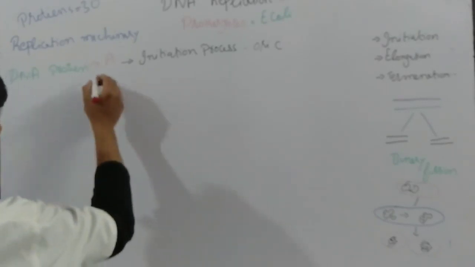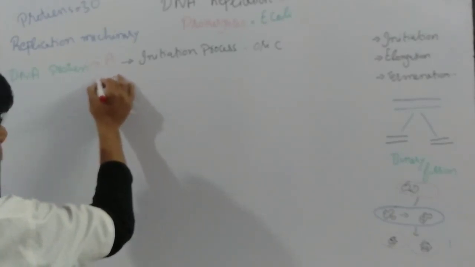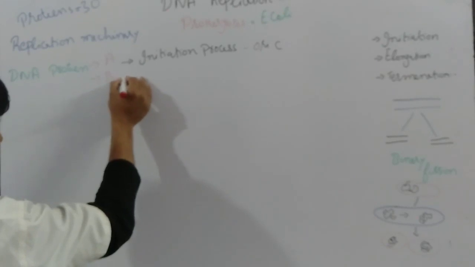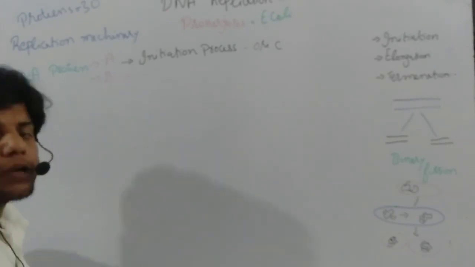Then we have another DNA protein we call DnaB protein. This DnaB protein is involved in breaking the hydrogen bond. They are acting as a helicase, which is usually found in the eukaryotic cell.